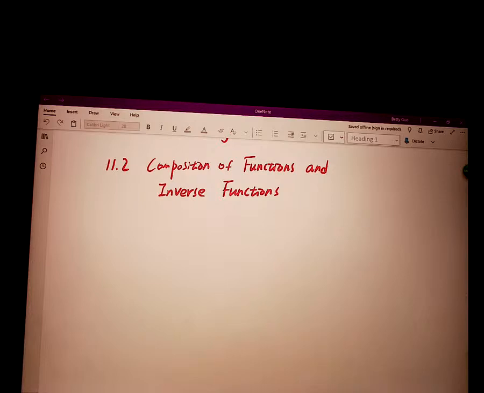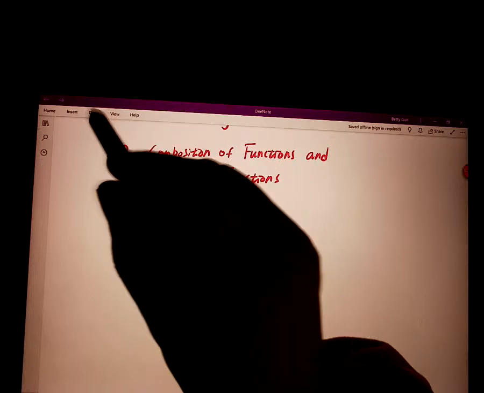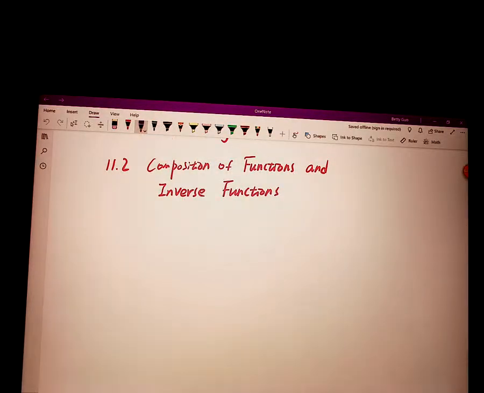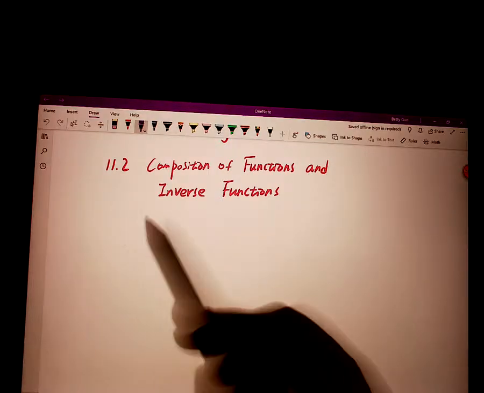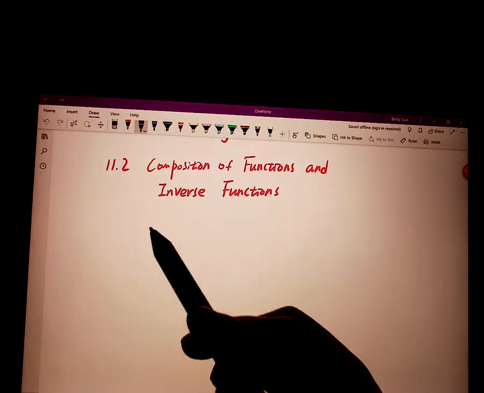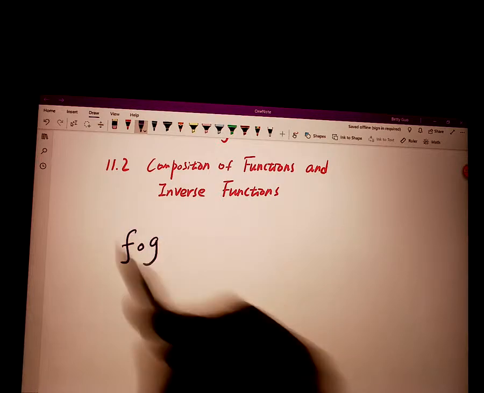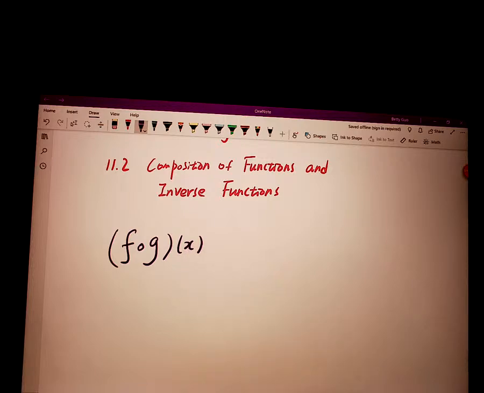So let's look at the definition of composite functions. Firstly, we have two functions f and g, and this notation f circle g of x is a special notation, right?